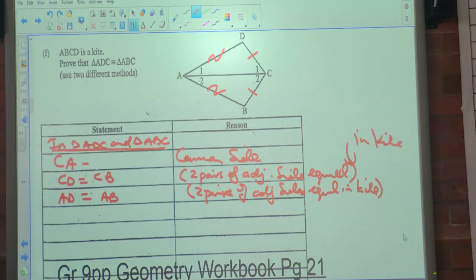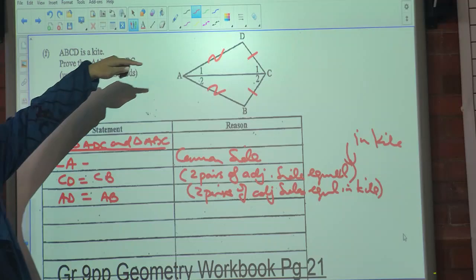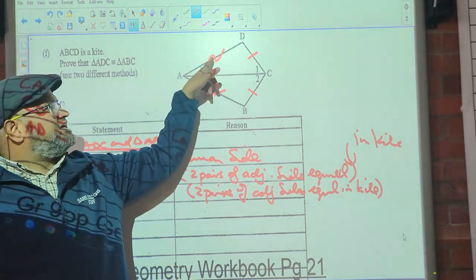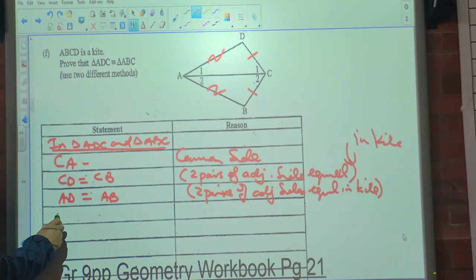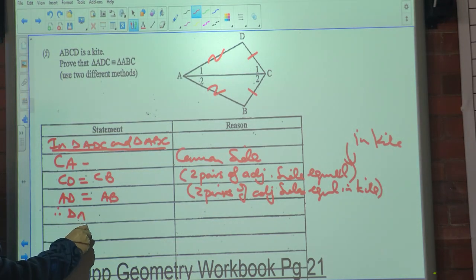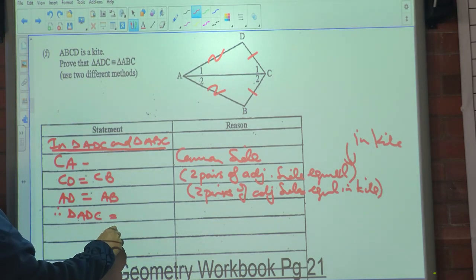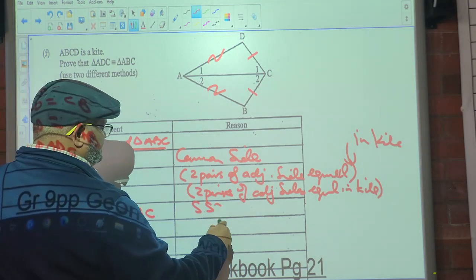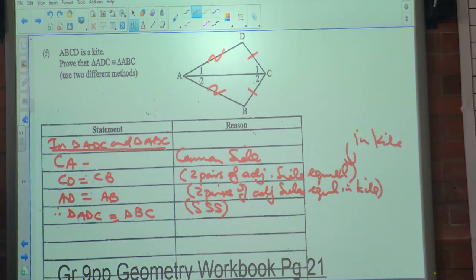Okay. So what do we have here? We have enough to conclude congruency here. Not so. It is side, side, side. So therefore triangle ADC is congruent to triangle ABC. Why? Side, side, side. Okay, that is one way.